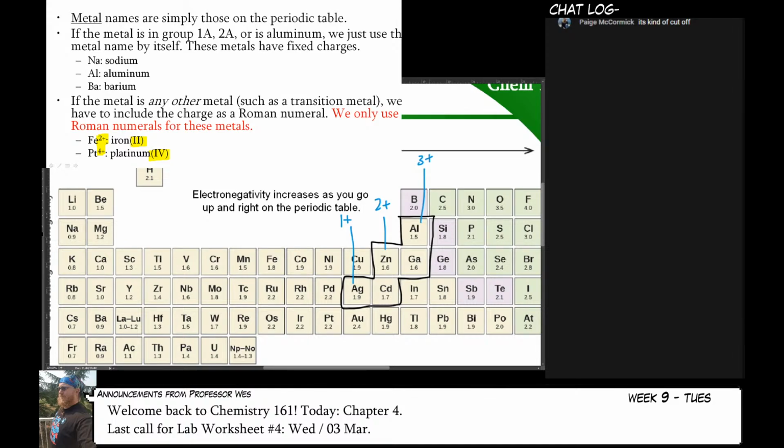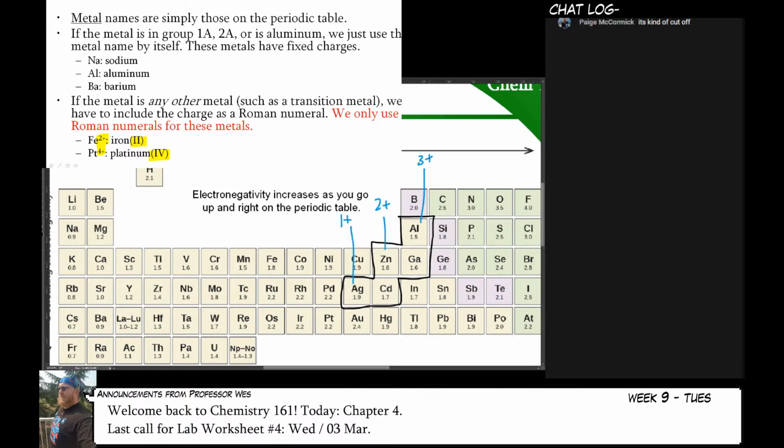Elements in this staircase in these columns tend to always be these charges. So for instance, silver is always +1 in every compound we see.